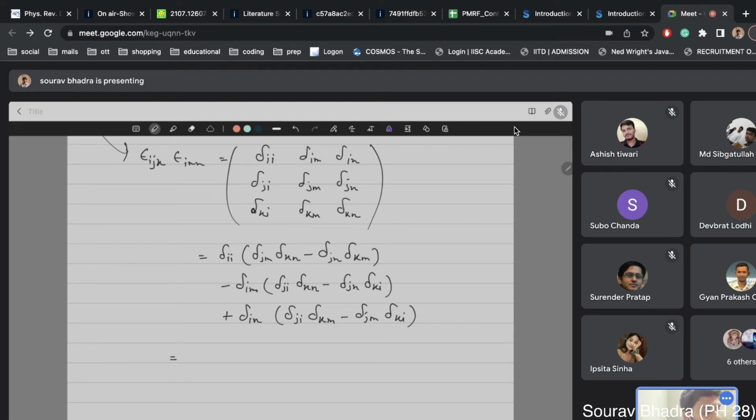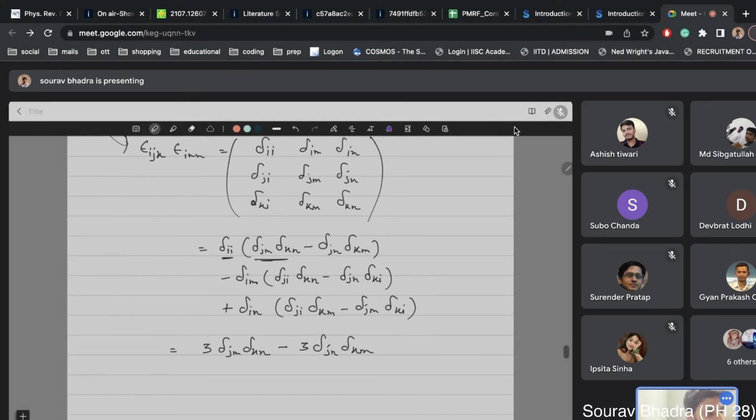Now for the first multiplication, you can see there is a delta ii. A repeated index means there is a sum over i, and the summation of delta ii gives you 3, as I showed you earlier. So it will be 3 delta jm delta kn minus 3 delta jn delta km.